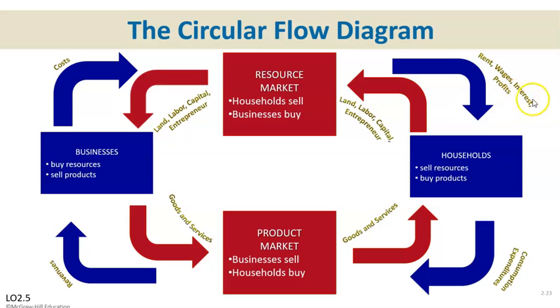If we're selling capital, we receive interest. This actually happens through the banking system, which isn't pictured in the circular flow diagram, but we receive interest on our financial investments. That correlates to capital. And then the entrepreneurs receive profit. So this is a good basic diagram of how the market system works.